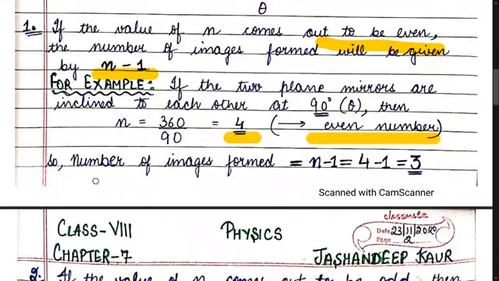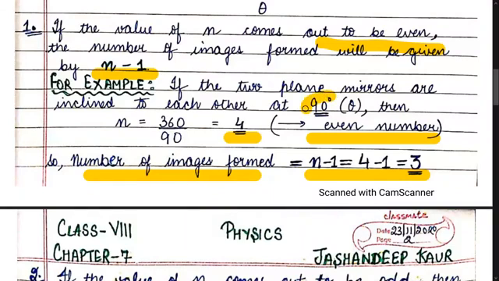So the number of images formed will be n minus 1, that is 4 minus 1, which will be equal to 3. Now students, here the number of images formed when the mirrors are placed perpendicular to each other is 3.